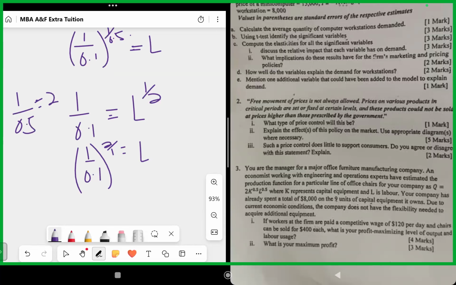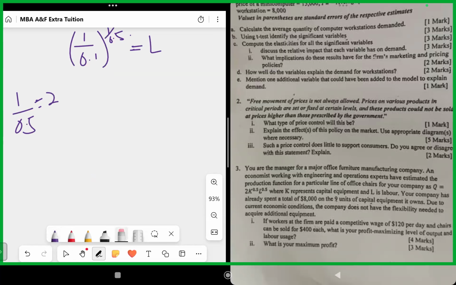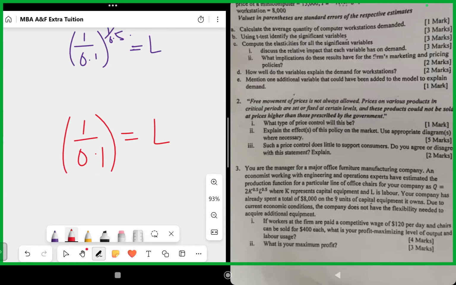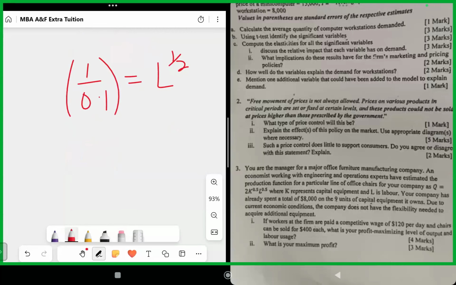I don't want to be changing them because it is 0.5. If I turn it to half and change it, it's just a difficult thing. Just watch this one. So let's say 1 over 0.1, and we are having L here, and we have 1 over 2, which is the square root. If I cause it to move to the left, it's going to be 1 over 0.1.